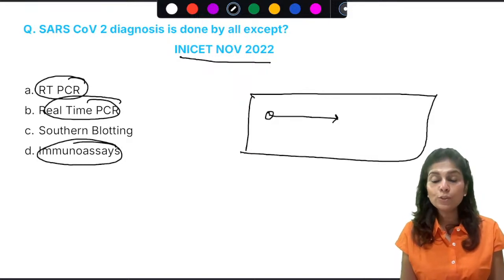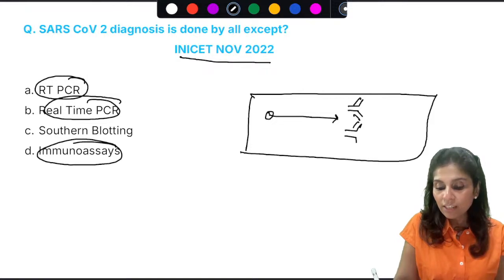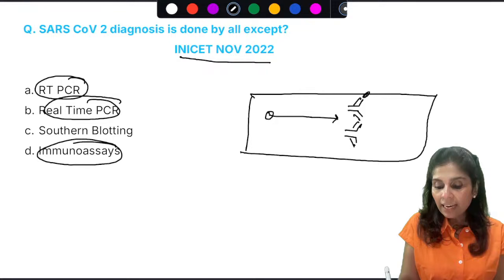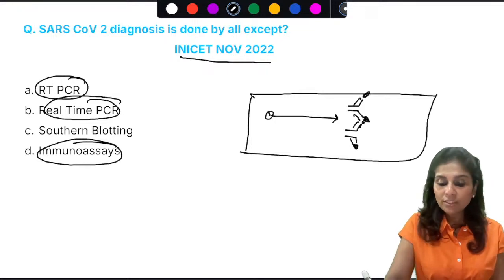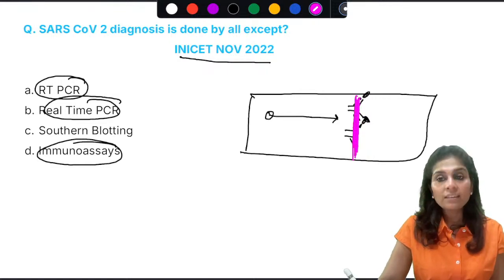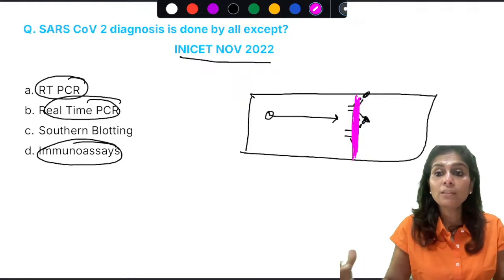If there is SARS-CoV-2 in the sample, SARS-CoV-2 antigen will react with SARS-CoV-2 antibodies which are there on the card. So there will be antigen antibody reaction. This antigen antibody reaction will give rise to a pink color. So if you see a pink color, it is positive. It is an antigen antibody reaction based assay.